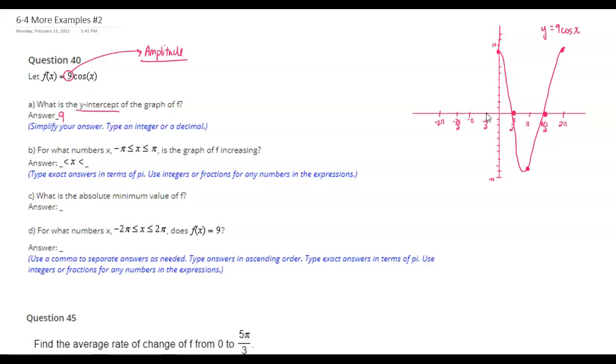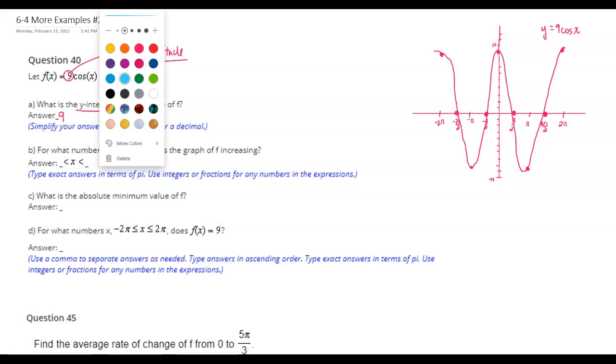And it's still going to be the same. My zeros are still going to occur at the pi over 2's. The height is still going to be at my 2 pi, and my low is still going to be at my pi. This is a cyclical graph. It just repeats the same pattern over and over again. And I apologize for how awful my graphs are. I really don't do well graphing on the computer.